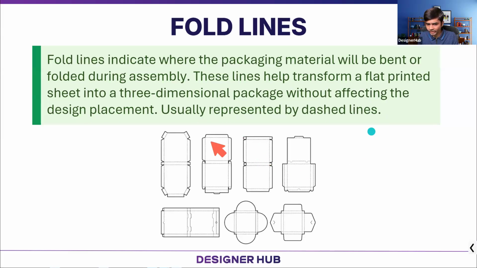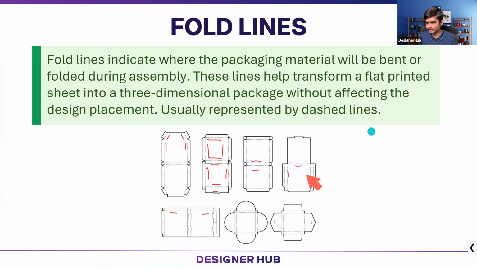So now you see all these dashed lines. That means there is going to be a fold or a crease created with the help of a machine, which puts a pressure of crease on these areas, and then you will manually fold them. This is how you need to represent your fold lines.